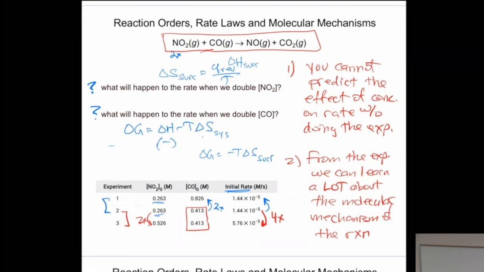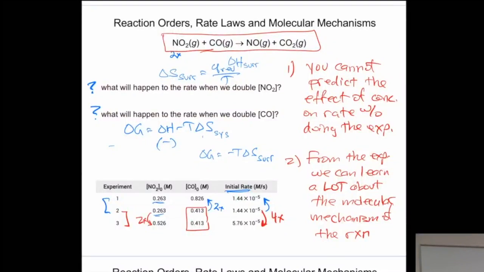But this does not tell you on the molecular level what's actually happening for this reaction to proceed. Which molecules are bumping into which other ones? With what energy? With what orientation? In what combination? Is it just that one molecule of NO2 bumps into one molecule of CO and then that does the reaction? Or does something else happen?